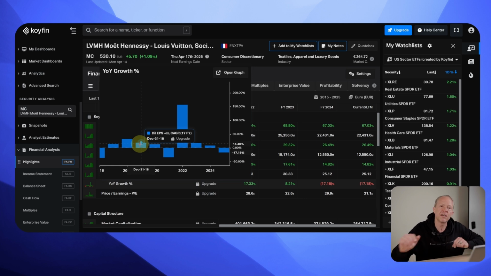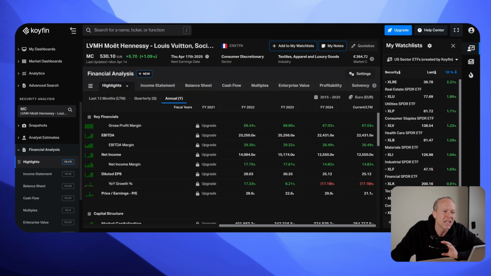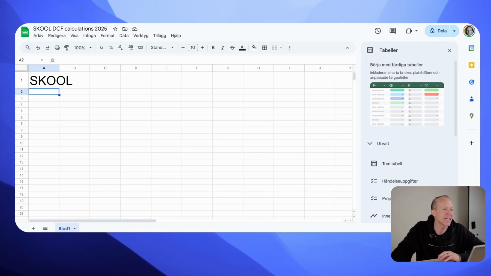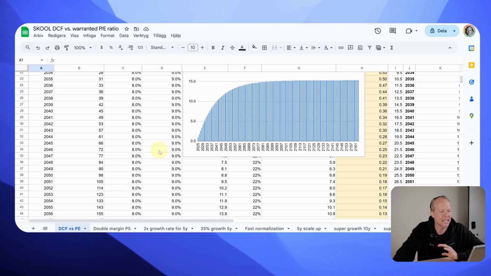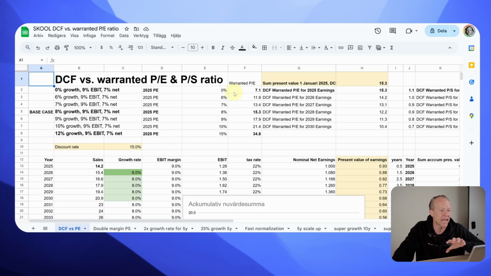One difficult thing here for us is to have an intuitive grasp of what type of growth rates leads to what type of warranted multiples. And I have created a run-through of how these things work together.